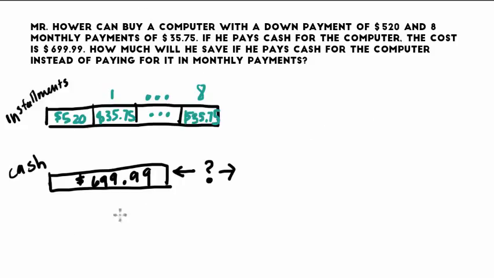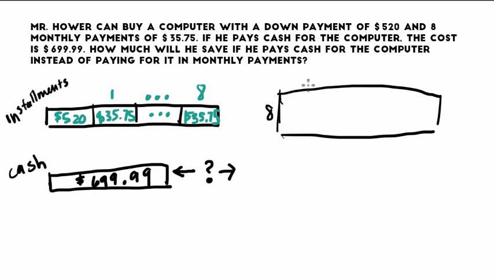So what I'm going to do is make an area model. Remember, an area model, set it up like a box. And I'm just going to do my 3 tens because it's 35.75: 3 tens, 5 ones, 7 tenths, and 5 hundredths.